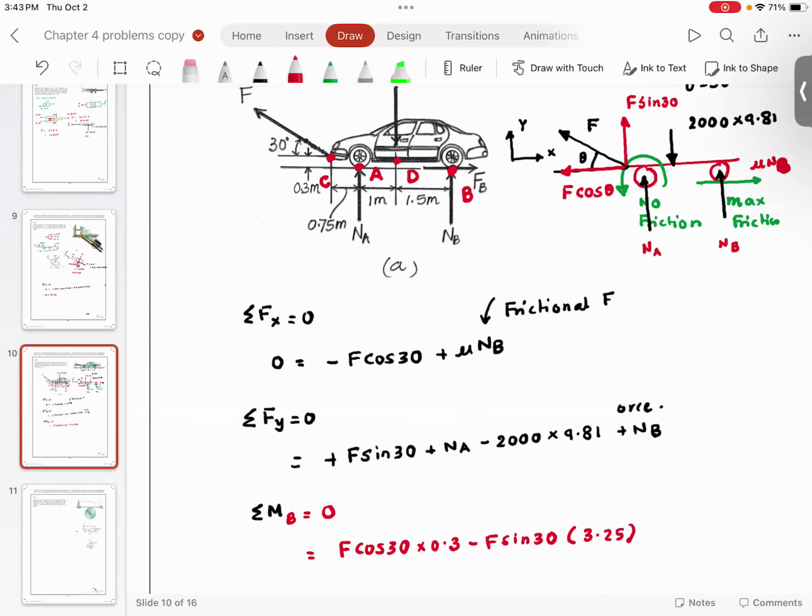Then you have the moment given by NA, minus NA multiplied by 2.5. And last but not least, you have the moment given by the weight of the vehicle, which is plus 2000 times 9.81 times 1.5. You agree with me?